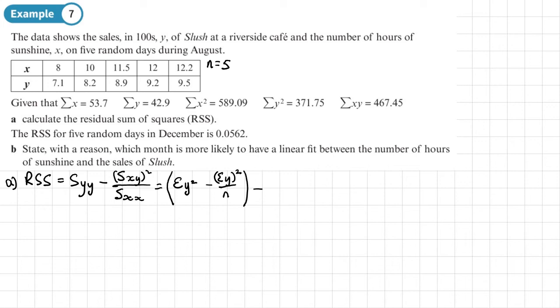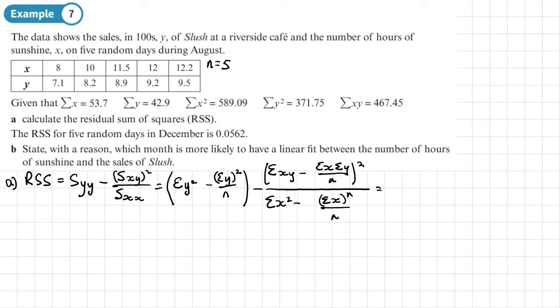And then we need to subtract, and it's going to be quite big here, the sum of XY minus the sum of X times the sum of Y over N. And all of that is going to get squared, divided by the sum of X squared minus the sum of X all squared over N. Now these values I believe are all given here, so we can just substitute them in.